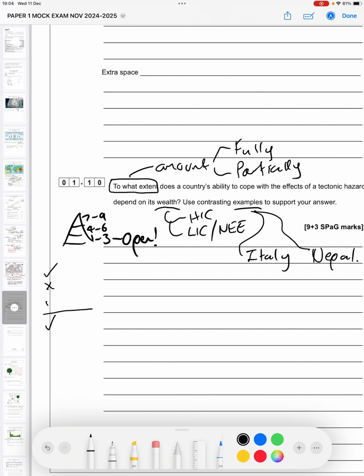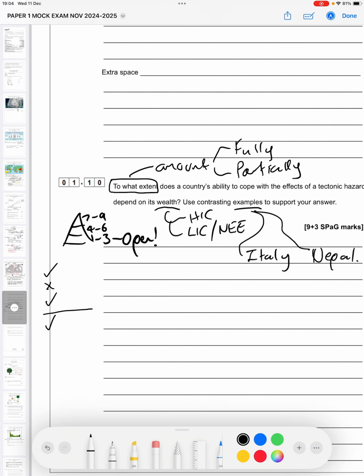But then you finish off with a positive. However, actually, I do believe it is to do with wealth, because Italy, for example, their earthquake was handled better because of their wealth and access to well-trained emergency services and the ability to provide aftercare and rebuild and so on and so forth.